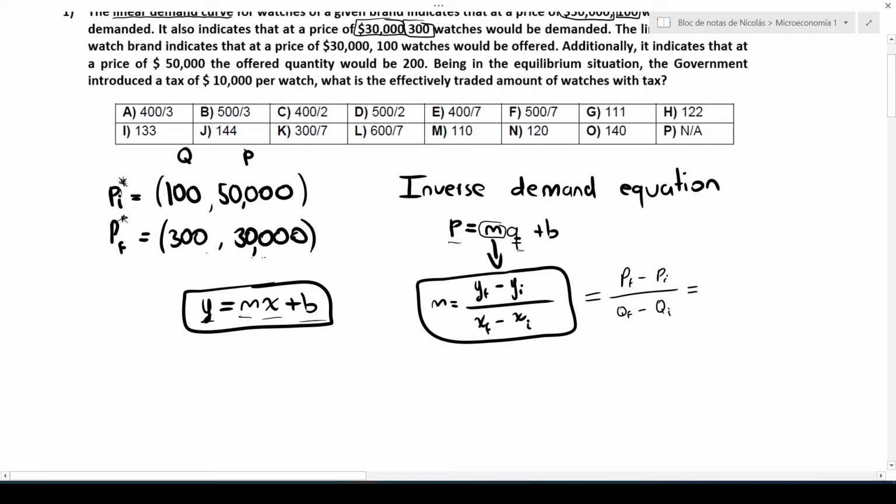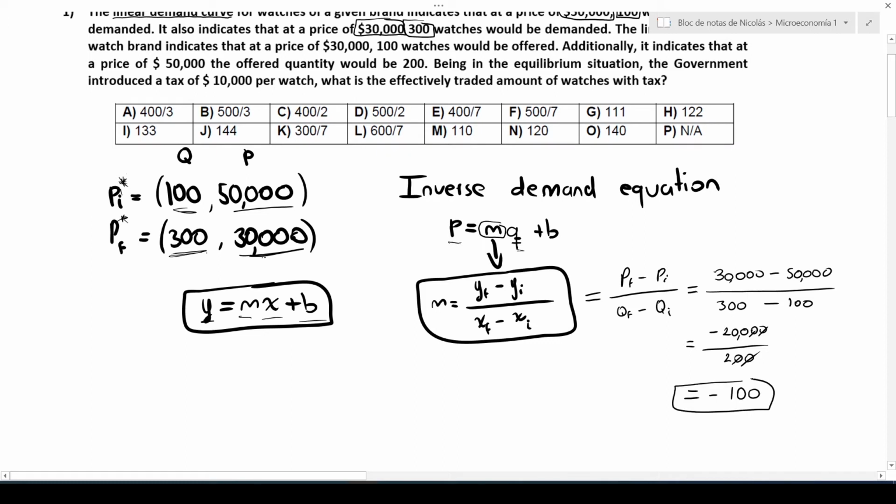We know that the final price is 30,000, and the initial price is 50,000, and the final quantity is 300, and the initial quantity is 100. We operate. We know that 30,000 minus 50,000 is negative 20,000, and 300 minus 100 is 200. We can rule out these 4 zeros, and we know that the slope of the equation is minus 100.